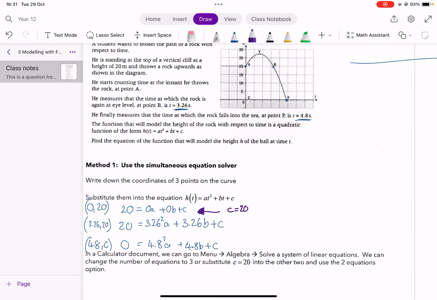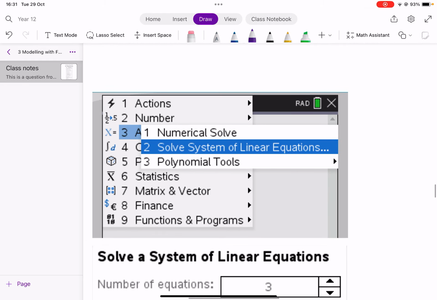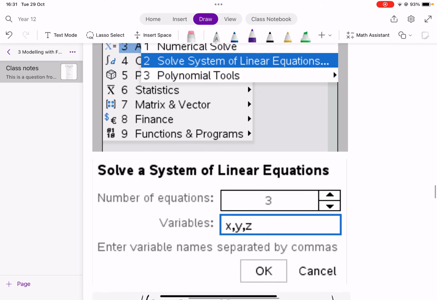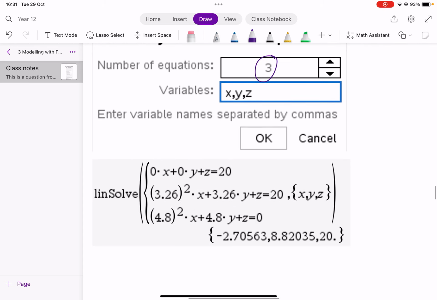So I've kind of screenshotted what we would do. We would go into menu algebra, solve system of linear equations. I'm going to go for the 3 equations, so I made the number of equations 3. When I clicked on variables, it automatically gave me 3 variables. And then you get the option to enter in your 3 equations. So I wrote in each of the equations.